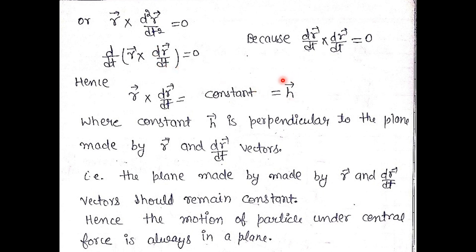Let us say this constant is h, where the constant h is perpendicular to the plane made by the r and dr upon dt vectors, the position vector and the velocity. This means the plane made by r and dr upon dt should remain constant. Hence, the motion of a particle under central force is always in a plane.